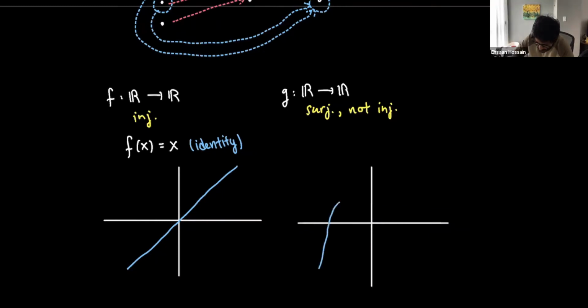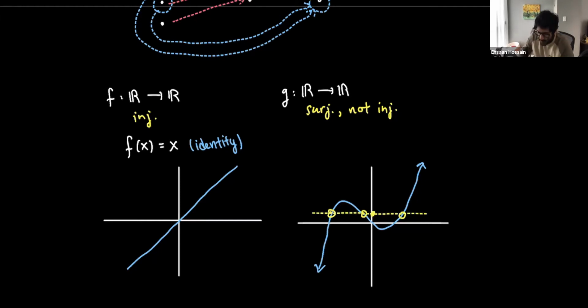Yes, if you do something like this, here's a surjective function because it hits every number on the y-axis. Any number on the y-axis has a corresponding point on the graph. But this point here is hit 1, 2, 3 times, right?